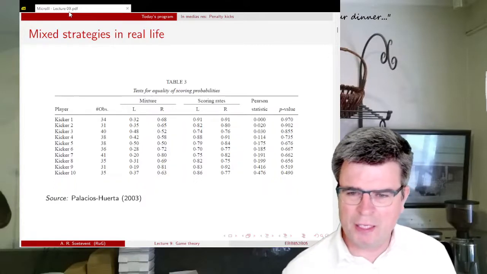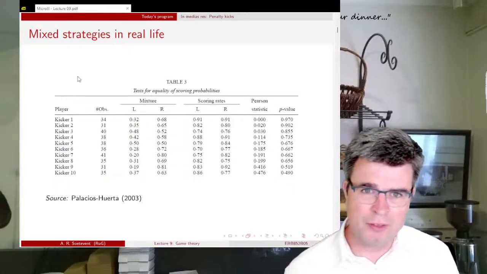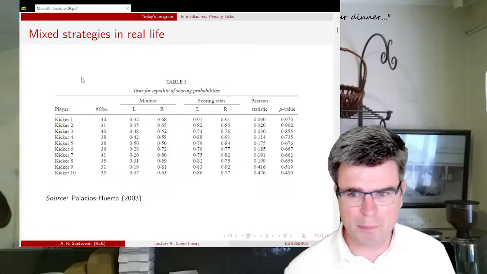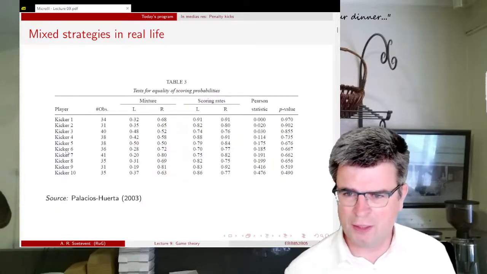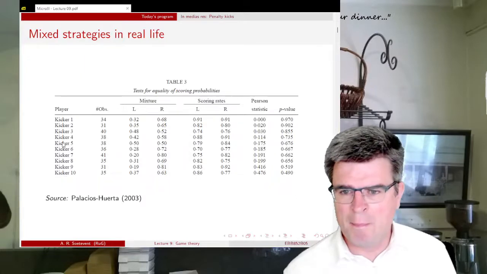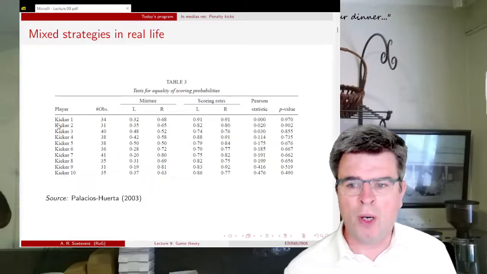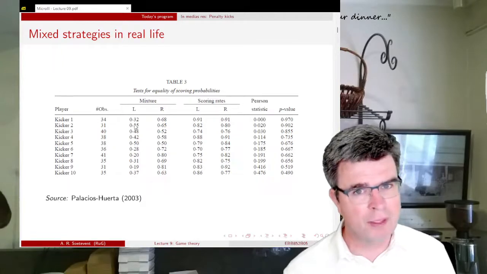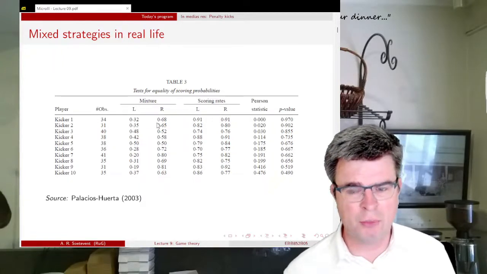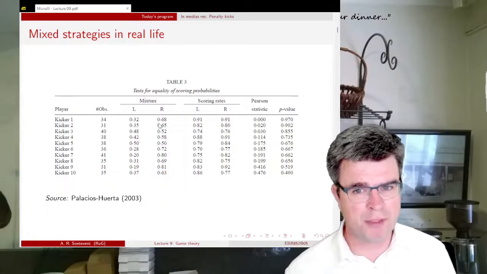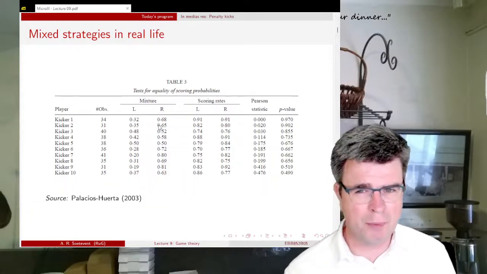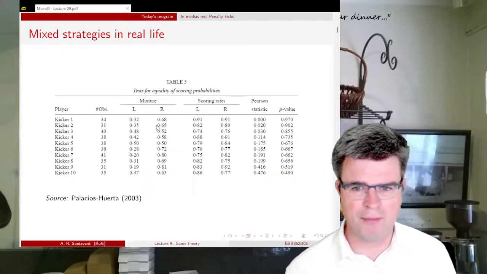Of these 1,417 penalty kicks, he selected the players that kicked at least 30 penalties, and here you see a number of them listed. Kicker 1 is found to aim left in 32% of the cases and to aim right in 68% of the cases. So he might have a preference for kicking right, but he does not exclusively kick right.